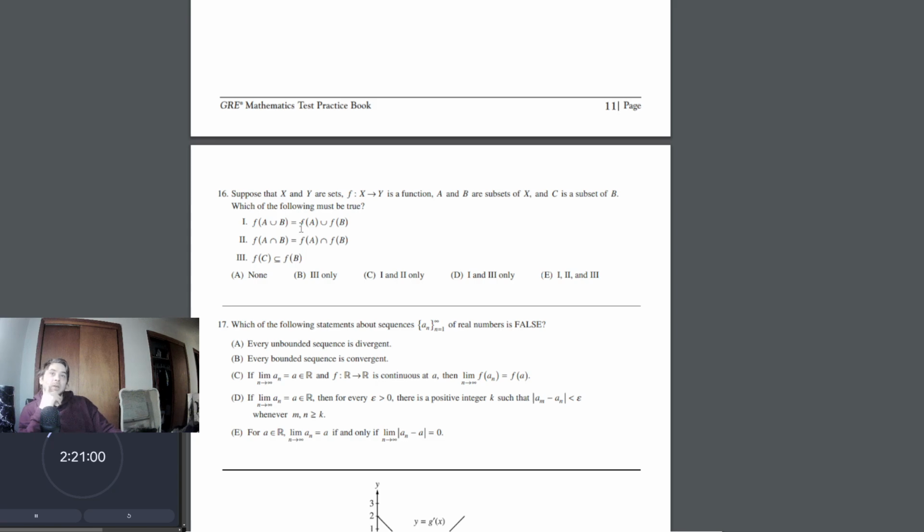The union of A and B, disjoint. Also possible, correct?